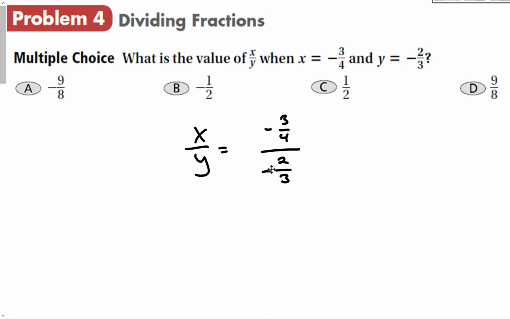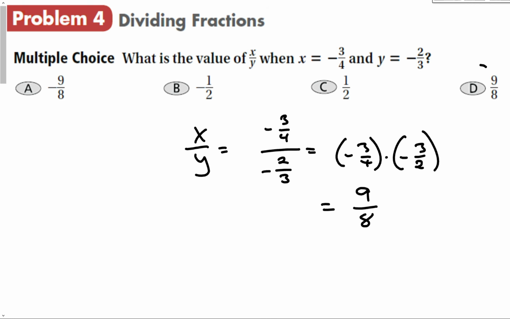To divide two fractions, I multiply by the reciprocal of the second fraction, the denominator. So negative 3 over 4 times 3 over 2. A negative times a negative gives a positive, so that is equal to 9 over 8, which is D.